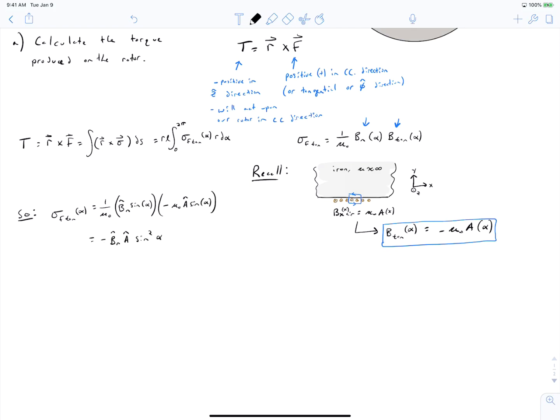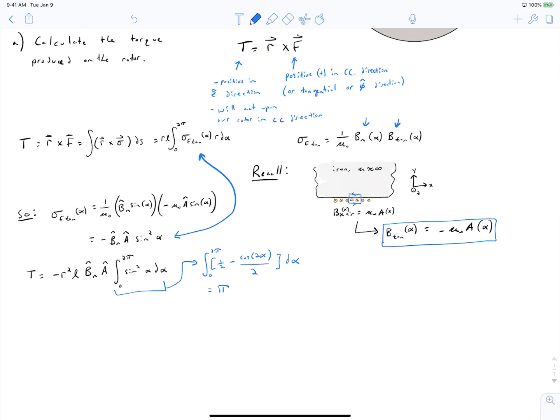And we can plug this expression for our tangential force density into our torque integral. We'll take this and plug it in up here, and we can work on this integral until we get this torque expression. Now we can calculate our torque.